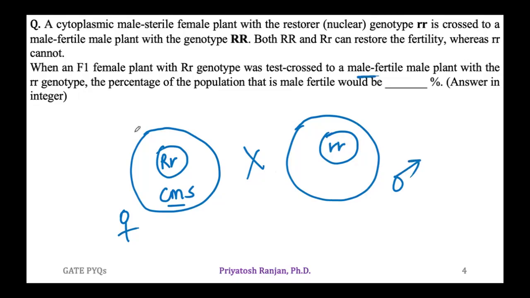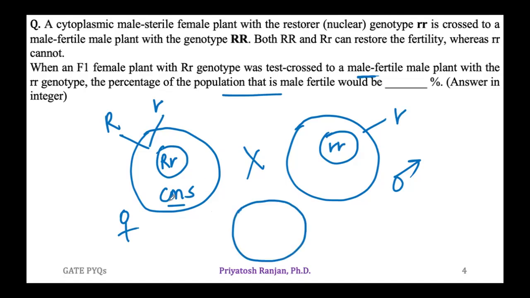Now, what is asked is the percentage of the population that is male fertile. Remember the kind of gametes at the level of the nuclear gene. This parent is going to produce capital R and small r, and this parent is going to produce small r only, 100%. So the progeny will inherit the cytoplasm from the mother, so this is going to be CMS. But the most important part is what the genotype is going to be for the nuclear encoded gene.